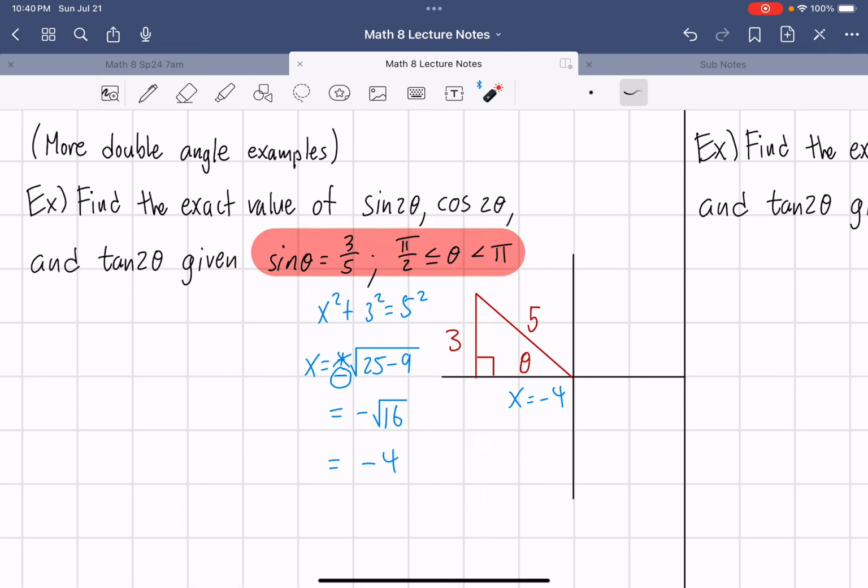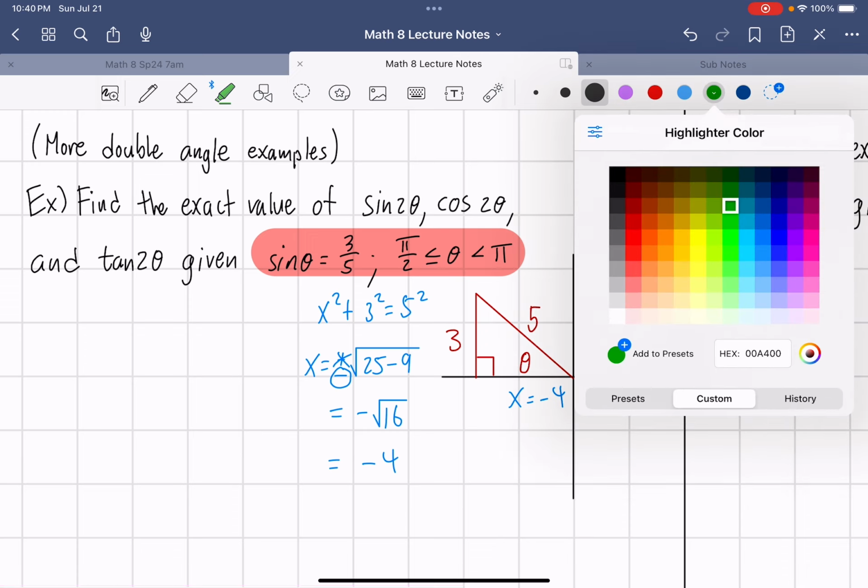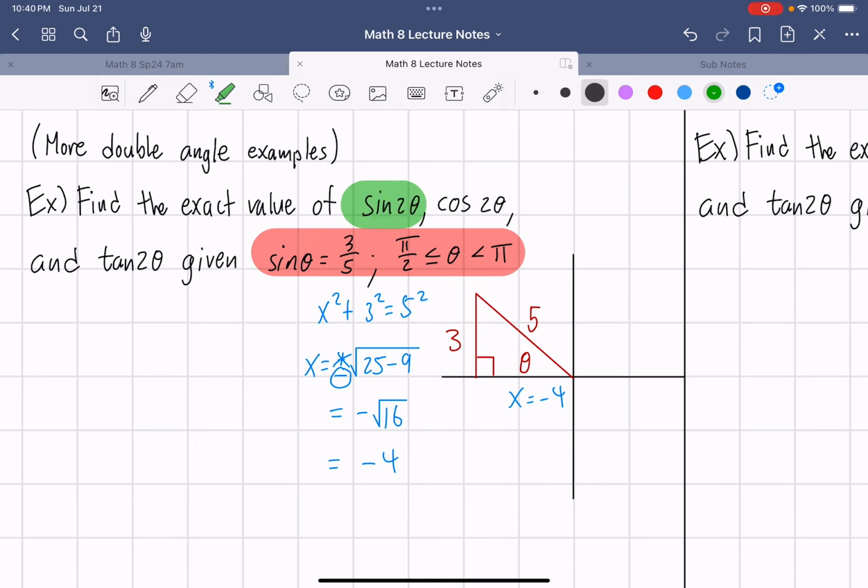But the goal is to find these values, right? We don't know theta, but we do know the triangle theta creates, and in a particular quadrant.